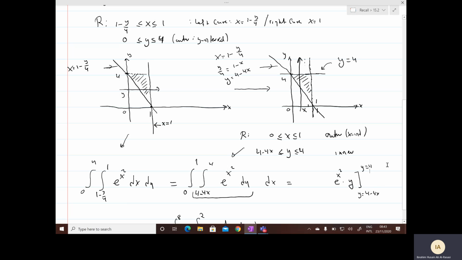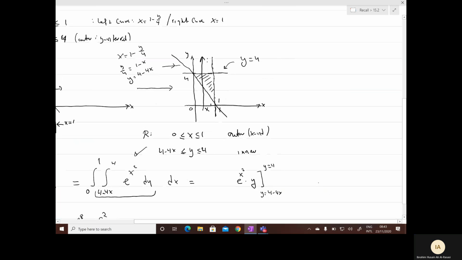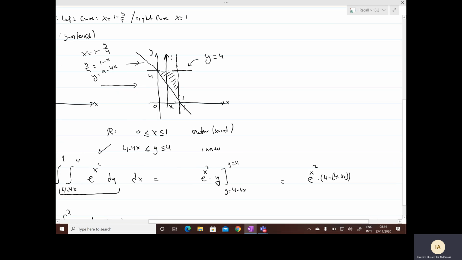Now just substitute. This becomes e power x squared times 4 minus (4 minus 4x), which is e power x squared times 4x. So this is the value of the inner integral.